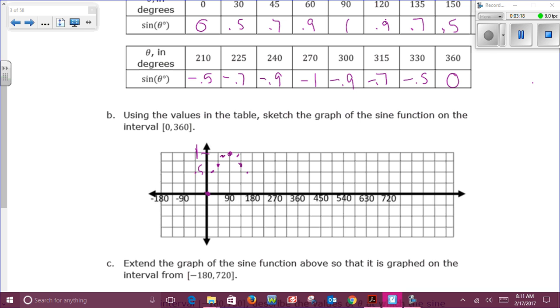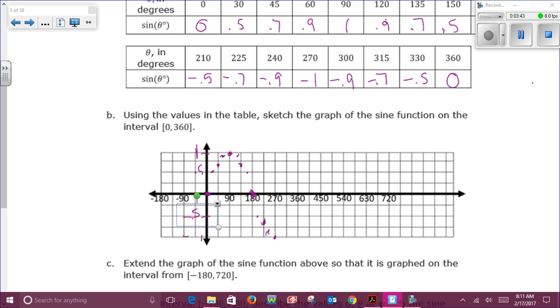at 180 I'm at 0. And then I'm going to go the other way. So this would be negative 0.5. This would be -1. So about halfway in between, I'm at negative 0.5. And then on the line, I'm at 0.7. Halfway in between, I'm at 0.9.